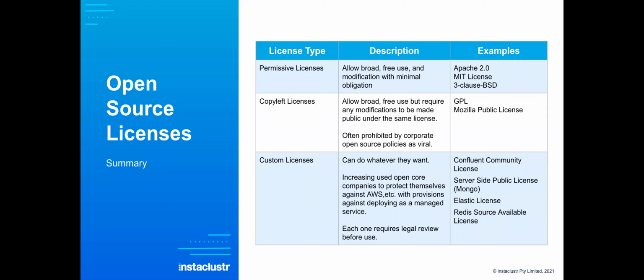So the theory is that if you're using a piece of open source software and you modify it, you should have some obligation to make your modifications available to the public, the same as the original software was, and the permissive licenses don't oblige you to do that. Examples of this kind of license are the GPL license or the Mozilla Public License. Both of those, if you do modifications, oblige you to make those publicly available under the same license.